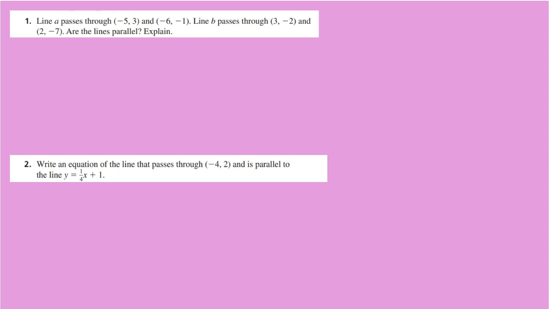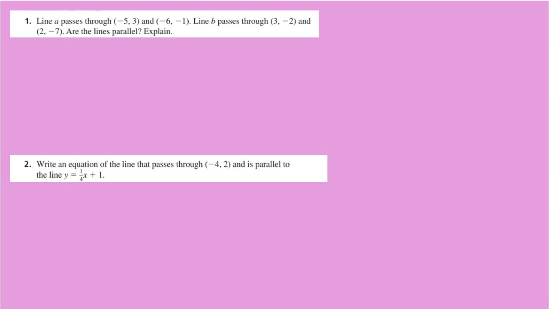Here we're just going to do some examples. We have to determine: line A passes through these points, line B passes through another point, and we need to determine, are they parallel? So we know that A is what? -5, 3, and 6, and 1.